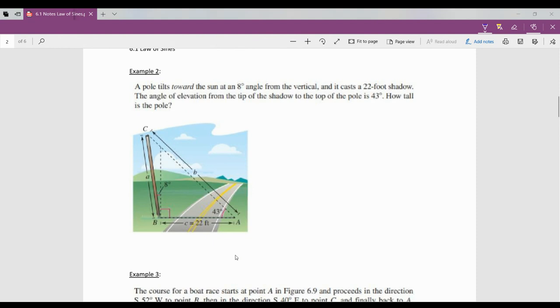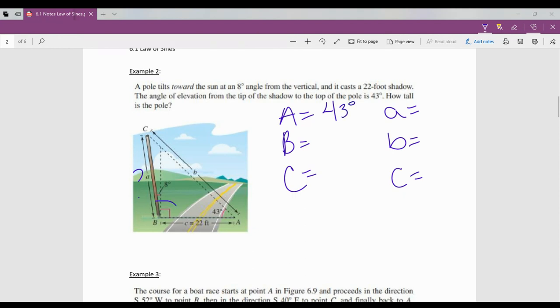So we're actually looking for that side length A. Right now I have angles A, B, and C, and then I have side A, that's the main one we're trying to find, and B and C. Angle A is 43 degrees.